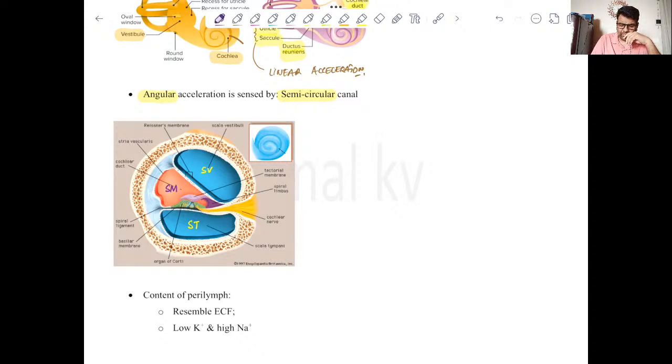Now scala vestibuli and scala tympani contain one fluid that is known as perilymph, and scala media contains a fluid that is known as endolymph. Now this endolymph is secreted by the stria vascularis. Clear? So if you see here, this is all stria vascularis which secretes the endolymph.